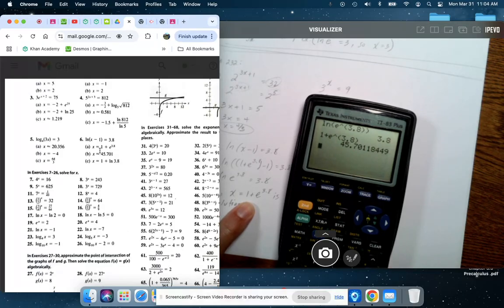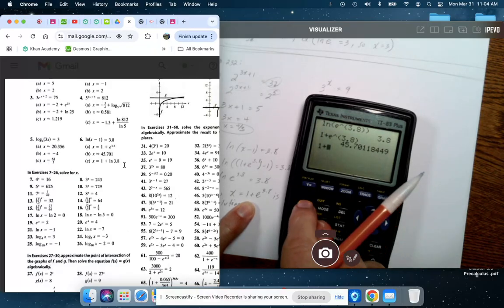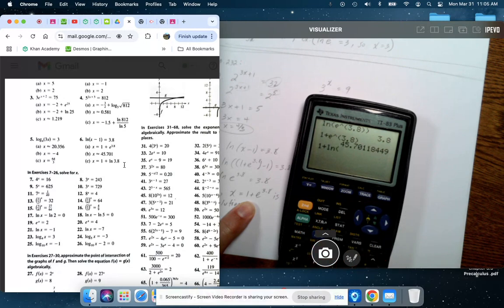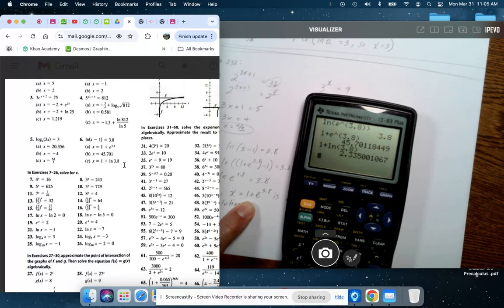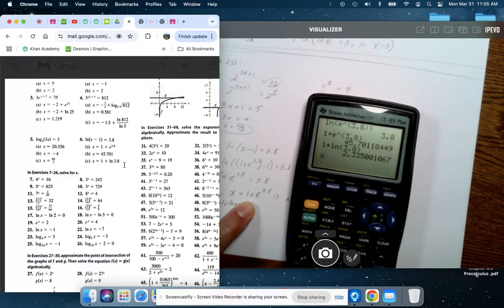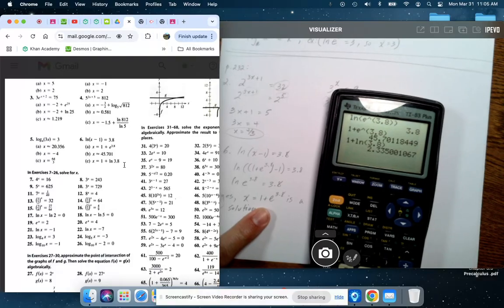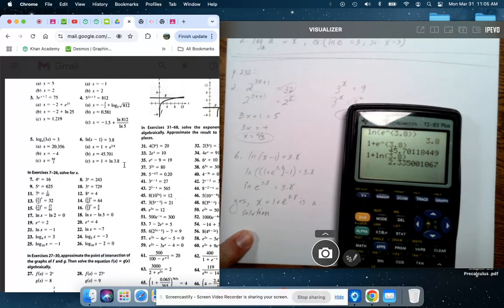And notice that has the little approximate symbol here, so this is an approximate solution as well, since it has the same value as a. And then 1 plus natural log of 3.8 should not be, and it isn't, because the value isn't anywhere near 45.7. There's only one solution here. It's not quadratic or anything. It doesn't have two solutions.